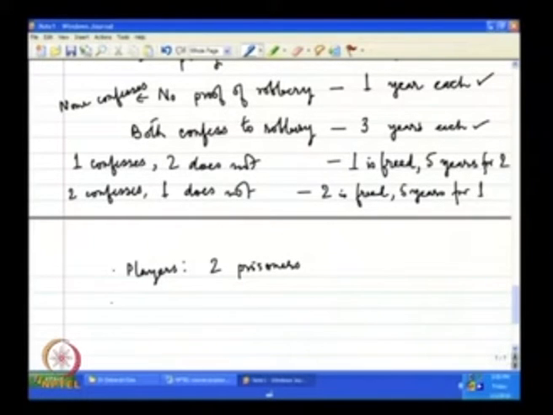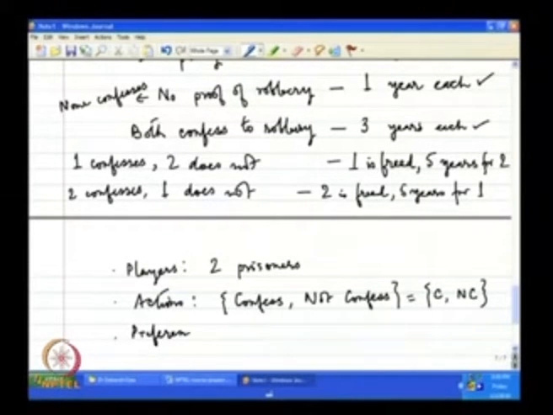Secondly, the second element of a strategic game is that we need to know the actions possible or available to the players. So, here for both the players, the action set is the same, and what is that action set? It is confess.